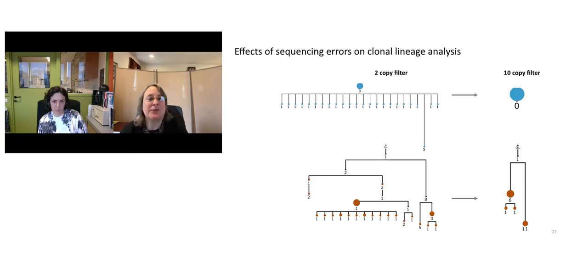So in terms of sequencing errors in clonal lineage analysis, here's a good example of what sequences can look like before you filter and after. For example, in the lineage tree on the left, on the top, you're seeing an unmutated clone that has a whole bunch of sequence variants that are all 1 mutation away from that germline sequence.